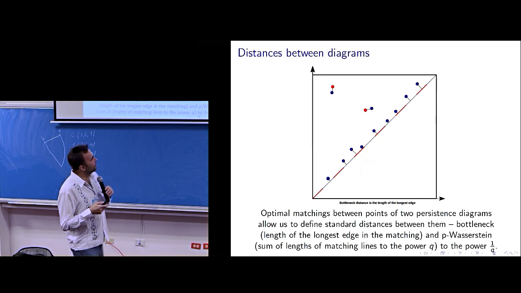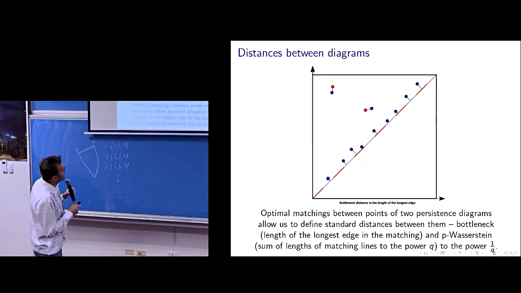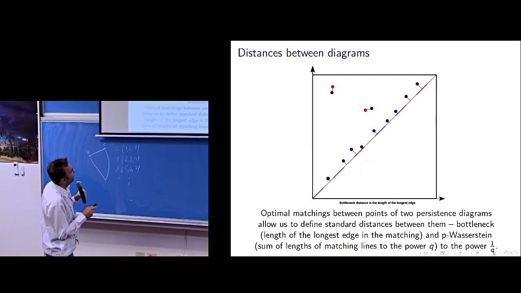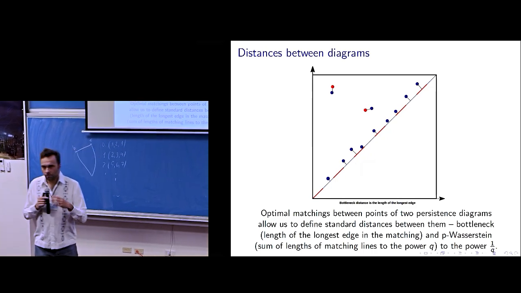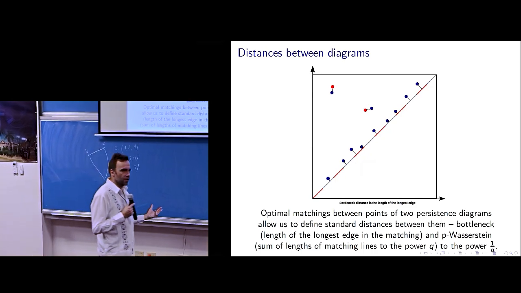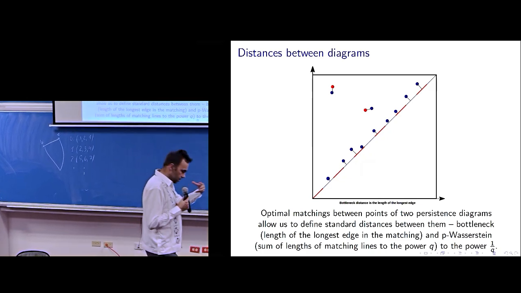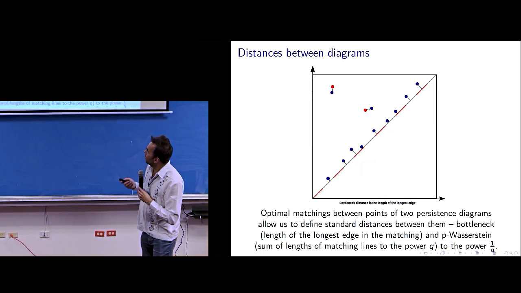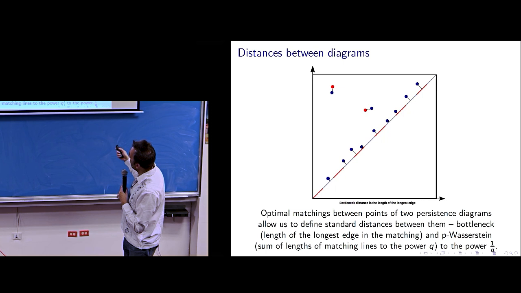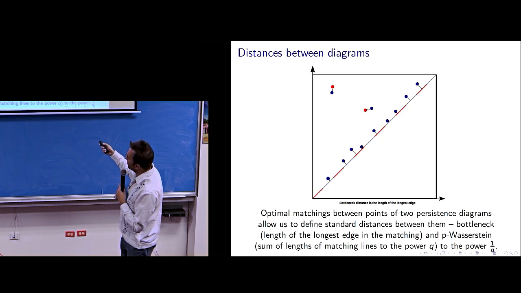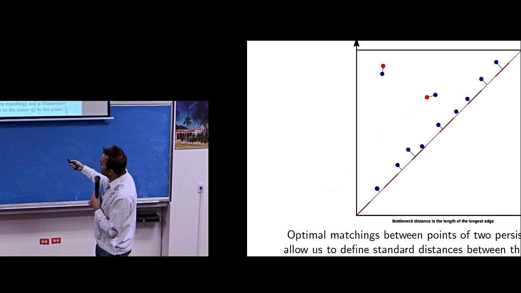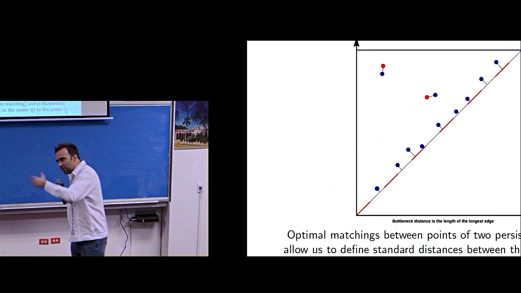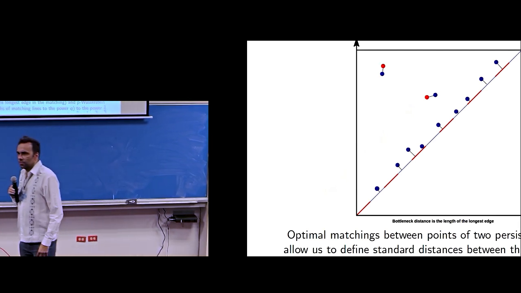So for the sake of this comparison, we imagine that we add infinitely many red points along the diagonal. And right now we have sets of the same cardinality, so we can match them in a way. And over here, there's a possible way of matching where this red point is matched to this blue point, likewise over here. And the blue points over here are matched to the diagonal, and all the points on the diagonal are matched to themselves.